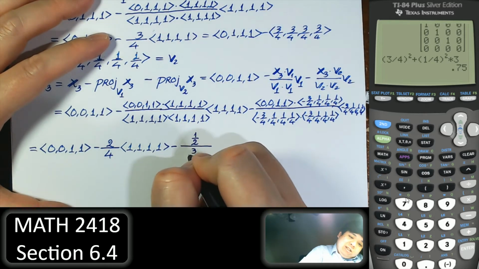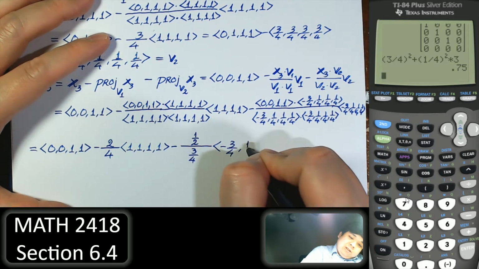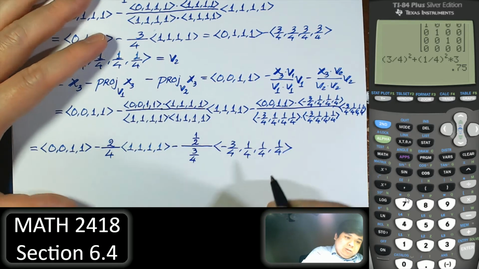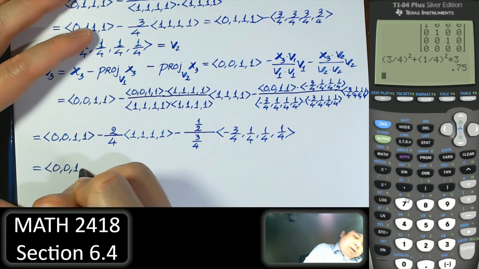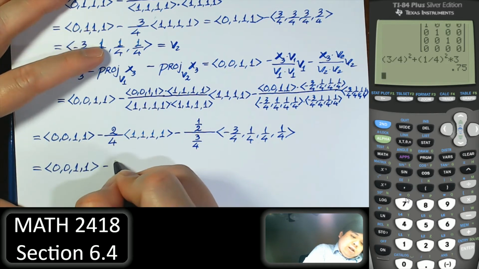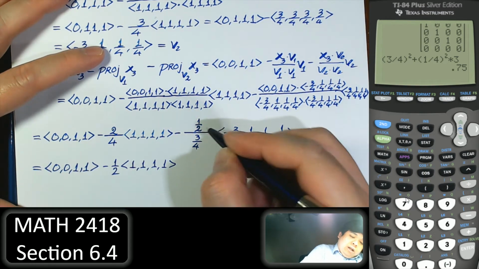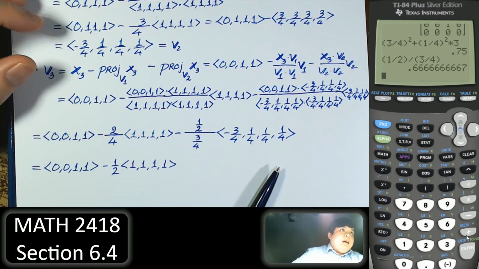It's not that bad. So that would be 0, 0, 1, 1, minus 1/2 times 1, 1, 1, 1, minus 1/2 divided by 3/4. That's 2/3.